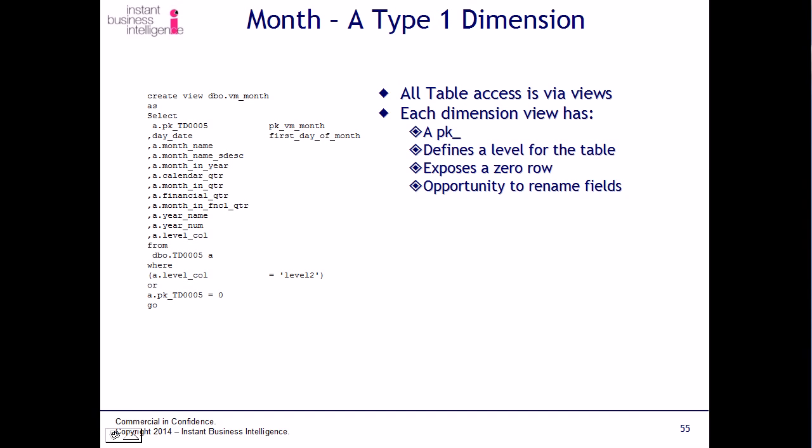So we say if the lookup fails to put a key on a fact table, it will get 0 in there. Now you can put anything else you like. Other customers have used -1, -99, those kind of values. We say it's 0, and if you want to change it, then you change it. Okay, but this is as simple as a view can get, and you can imagine what that view looks like. It looks like VM month with these column names.